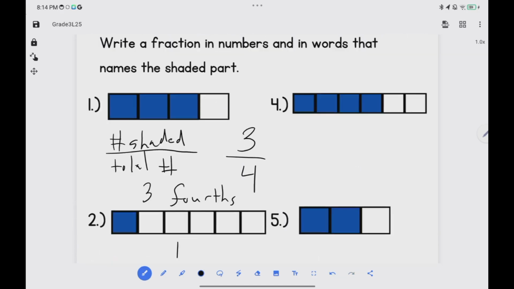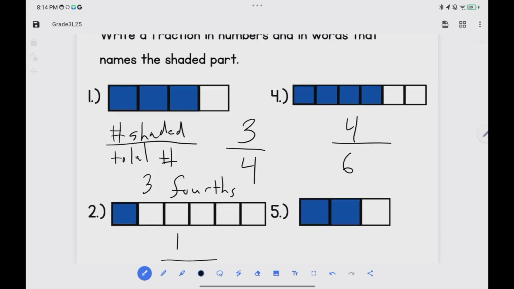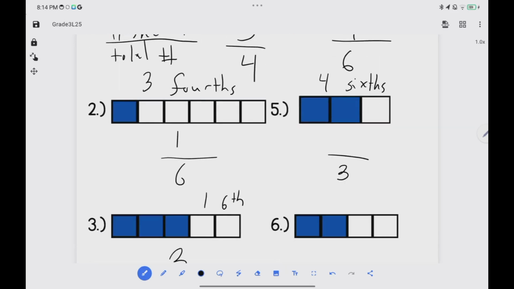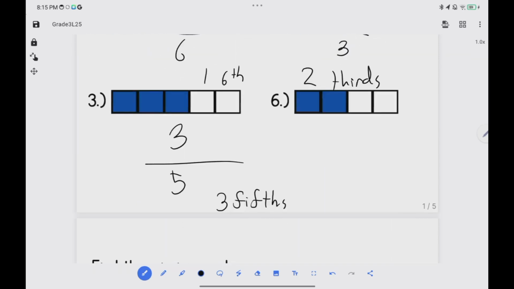This one has 6 boxes and 4 shaded, so it's 4/6. This one has 3 boxes, and 2 are shaded, so 2/3. And 2 out of 4, so we get 2/4.